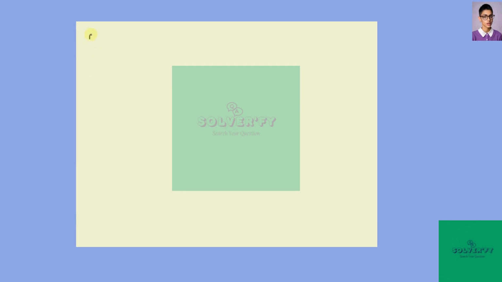Hello students, the question asked is why is the D antigen considered to be the major antigen of the Rh system? The D antigen is considered to be the major antigen of the Rh system because it is the most immunogenic and clinically significant.